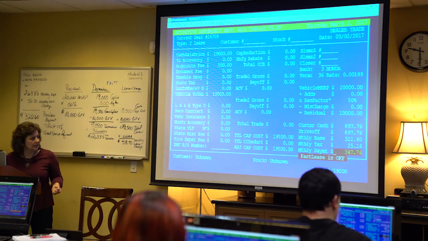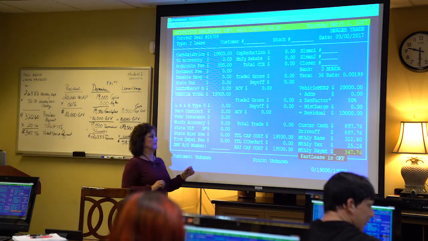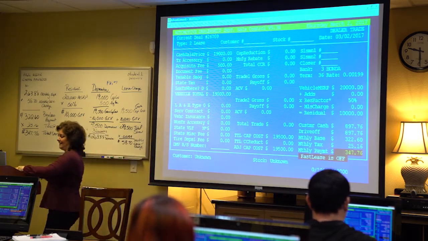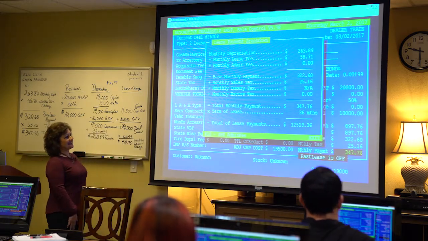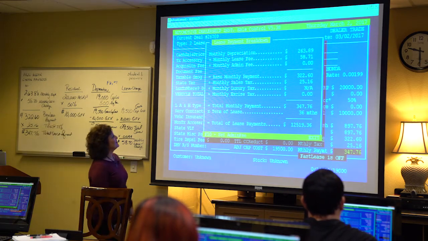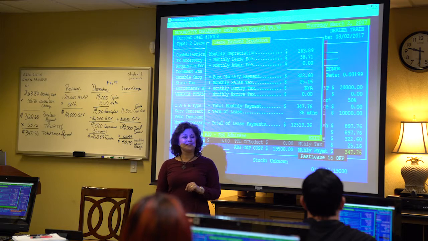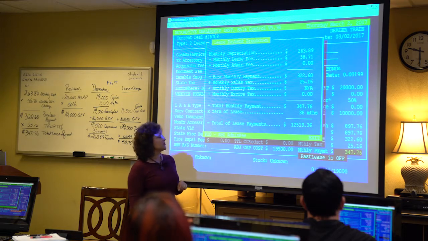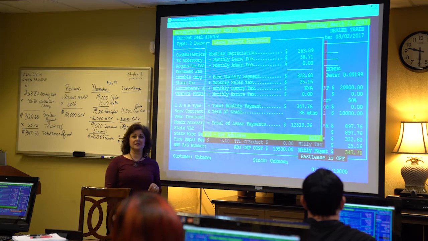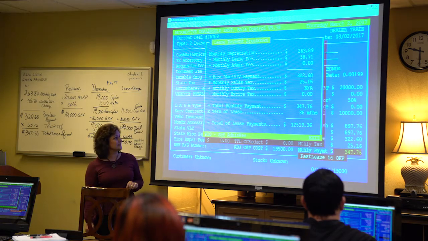Now go all the way down to the monthly payment and hit F1. Hey, look at that. It's exactly what we did, right? We have monthly depreciation, $263.89, monthly lease charge, $58.71, base payment, $322.60, plus tax, $25.16.